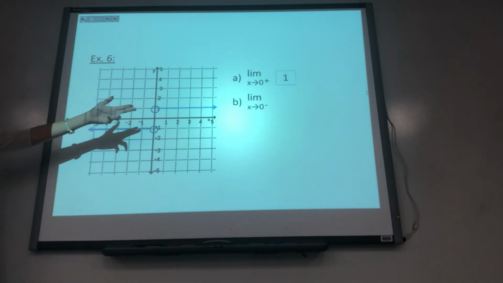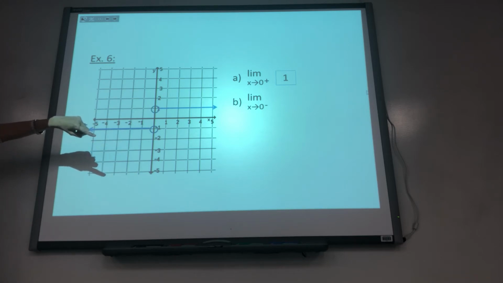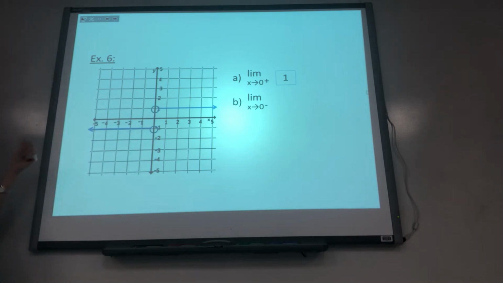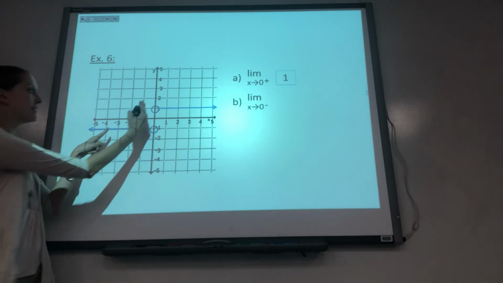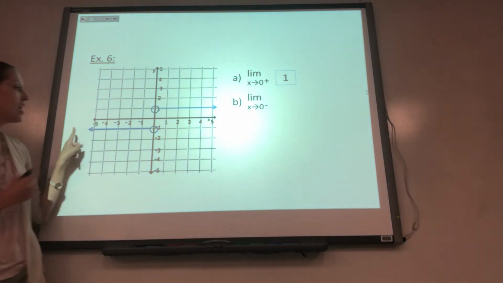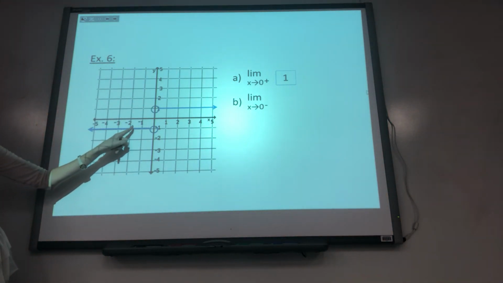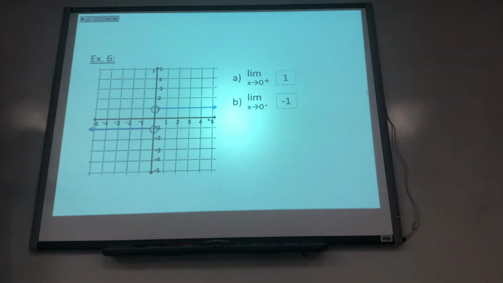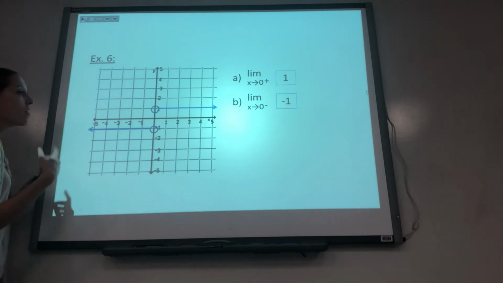Now, when I go to do part B, I want the limit as x approaches 0 from the left. So as you get closer to where x is 0 from the left, what y value are you approaching? -1. You're actually right at -1 the whole way.